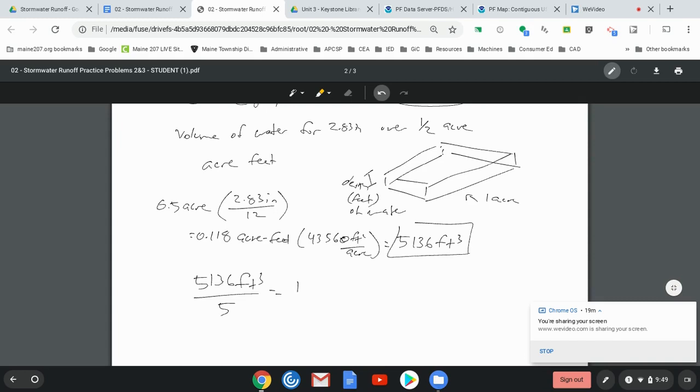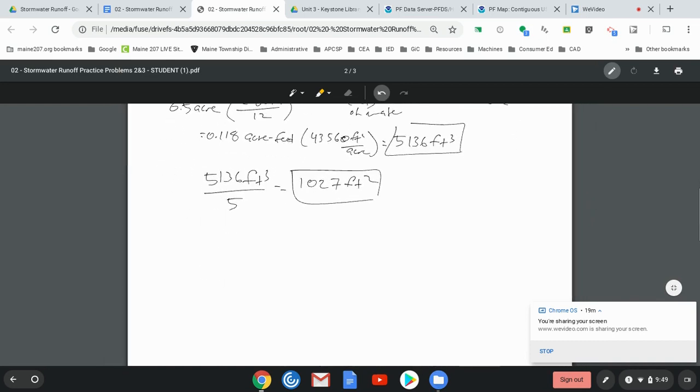Now I know my trench, or my swale, needs to cover a surface area of 1,027 square feet. Taking the square root of 1,027, you get approximately 32 feet.